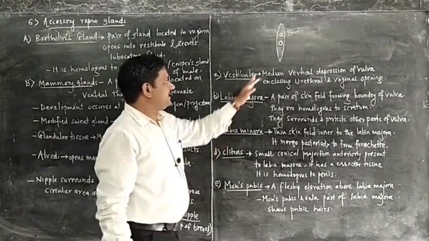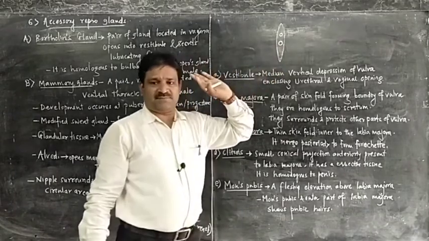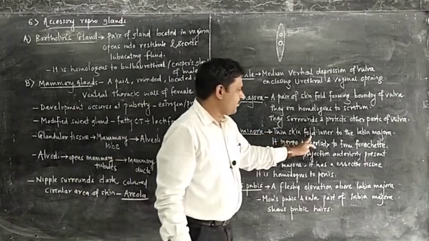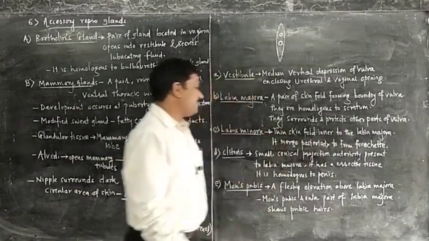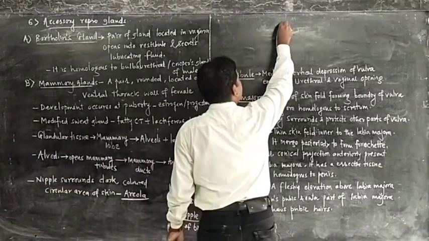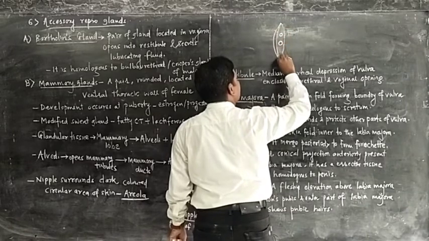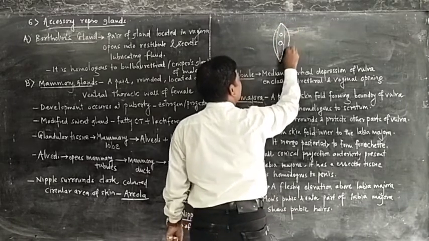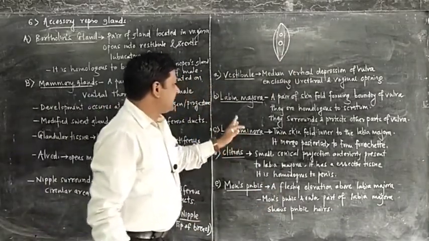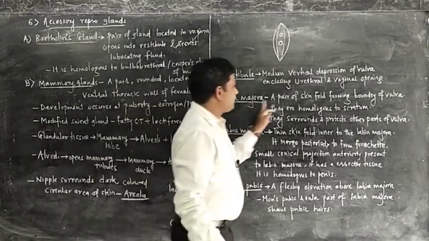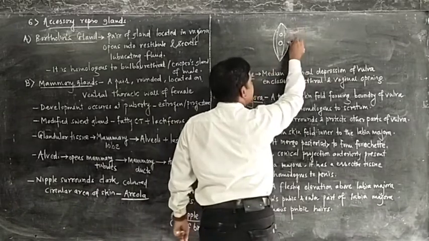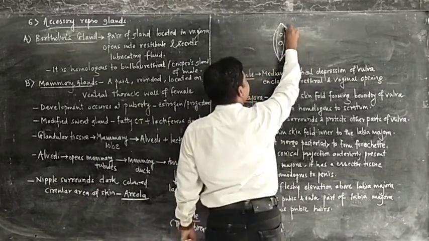Immediately after the vestibule there is a minor, thin skin fold which is inner to the labia majora, and it is called the labia minora. Just outside the labia minora there is the labia majora, which is a pair of skin folds.